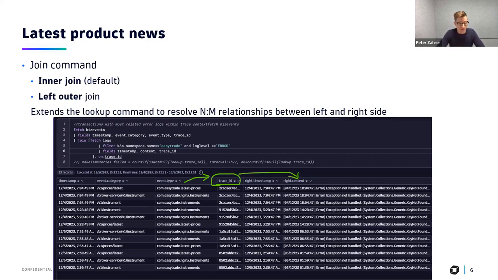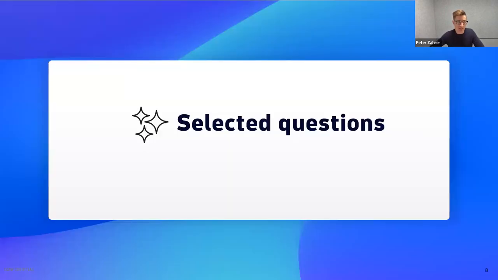So I'm here having a BIS event and joining the related logs that occur based on the filter expression. And of course, we have a situation where many logs can occur within the same trace context, right? And those relationships can now also be resolved with DQL as of this week. I think it was deployed yesterday to production.